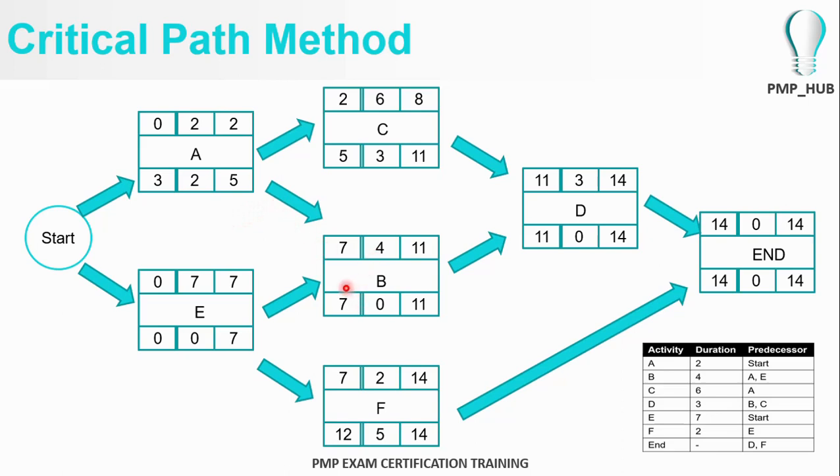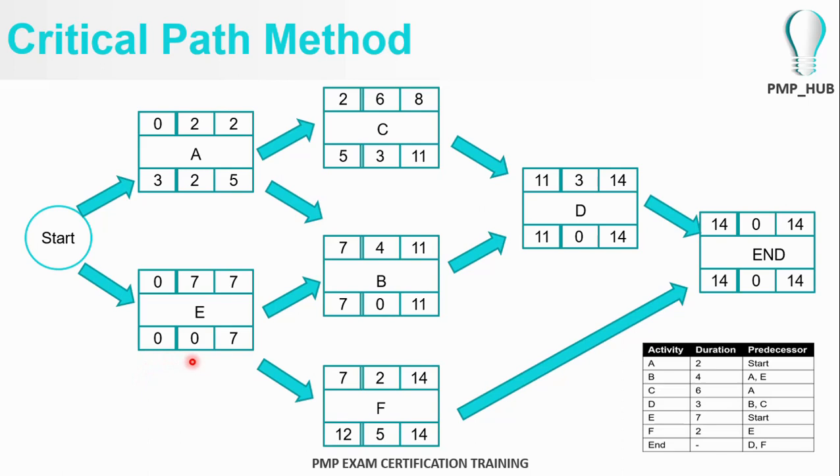The latest start time of B is day number 7. The latest start time for activity C is day number 5. Since C and B are waiting for A's output, A's latest finish time should be day number 5 in order to satisfy the latest start time of C. So once 5 and 7 are in the box, 2 days for the duration, 5 minus 2 is 3, and 7 for the duration, 7 minus 7 is 0.